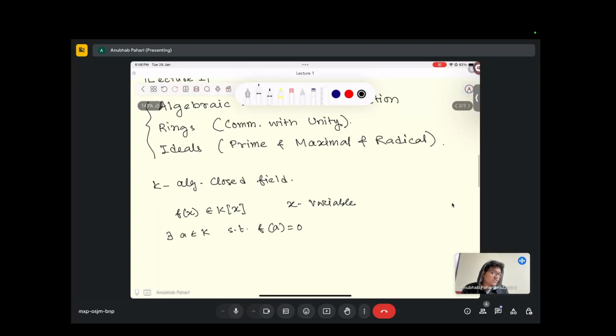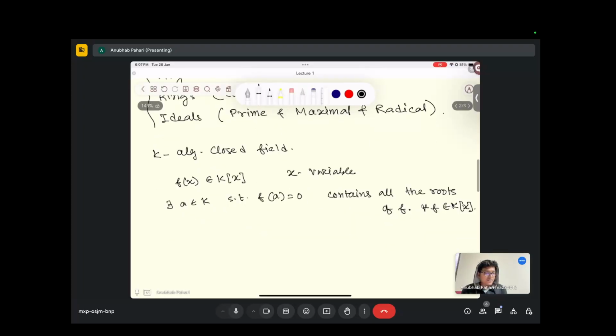I mean, it contains all the roots of f for all f belonging to K[x]. So it's kind of a nice field. We don't have to worry about the existence of the roots of a polynomial.